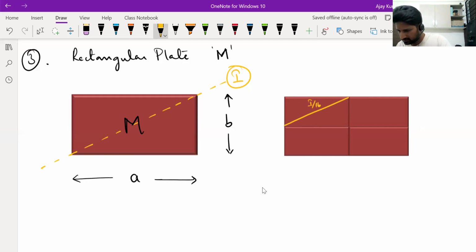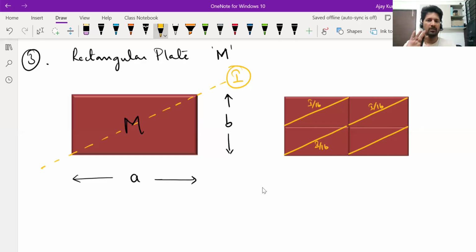Okay. Then there are two smaller rectangles which have the same diagonal as the original rectangle, these ones. So I by 16 about this axis, I by 16 about this axis, and two rectangles whose diagonals are on the sides. Let it be. Total moment of inertia is I. Now, the original diagonal is also the diagonal for these two rectangles.